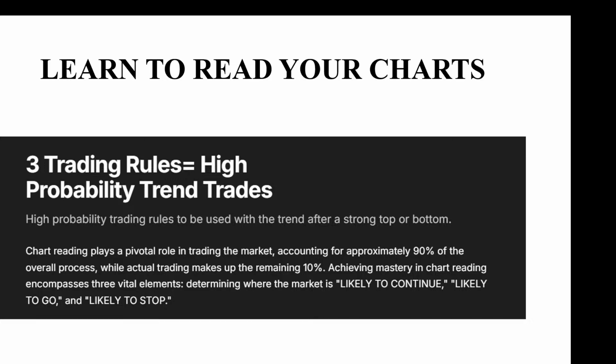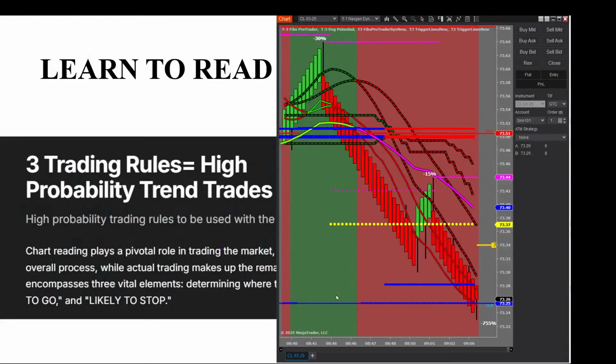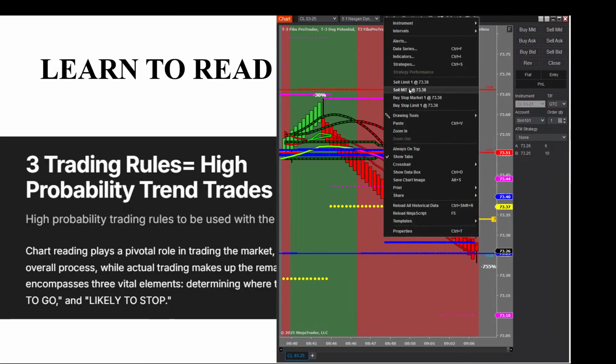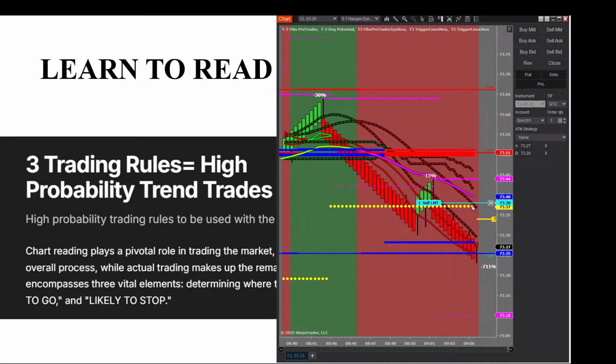You can't see your stop loss. So in order to see your stop loss and your profit target, you have to actually be in the trade. Let me show you exactly what I mean. So if I put a limit order in, you're thinking, man, I can't see my profit targets. I can't see my stop loss, right?